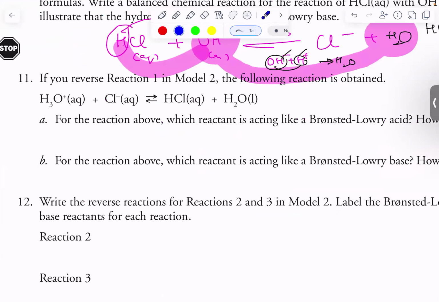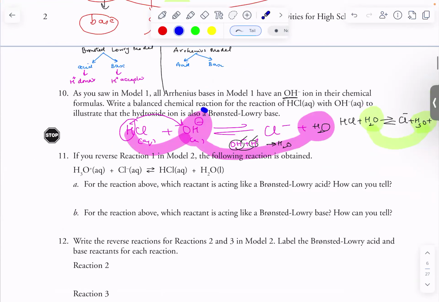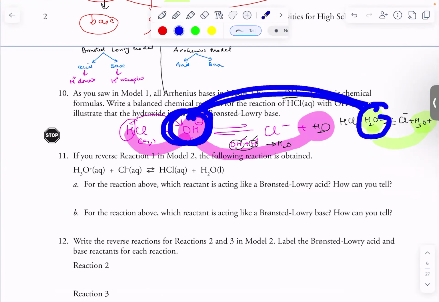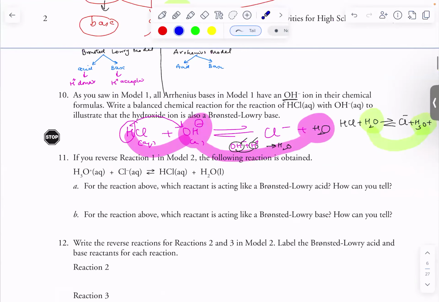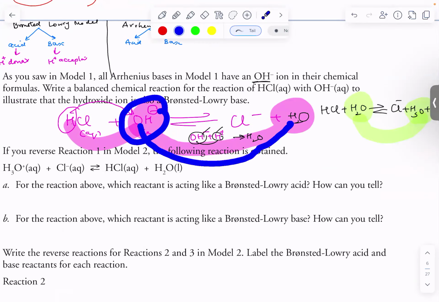I hope that you have seen the difference between OH negative and water. OH negative changes into H2O and H2O changes into H3O positive after accepting a hydrogen ion. Right. Now the next one.